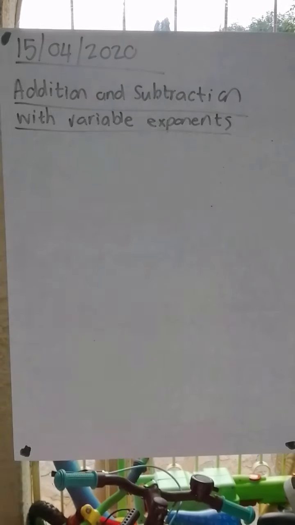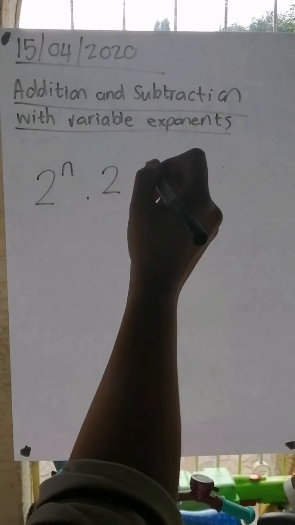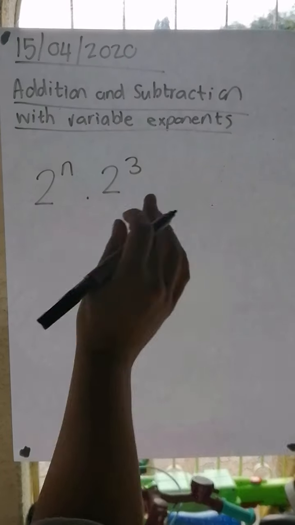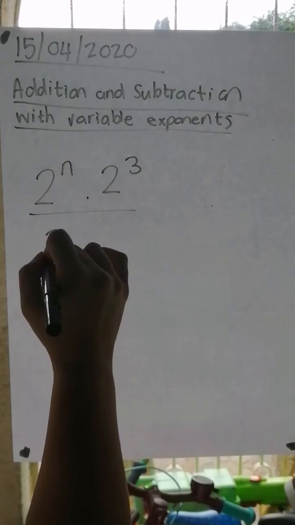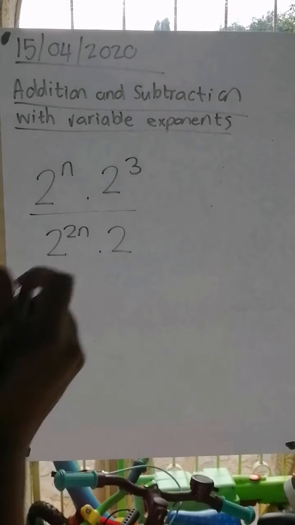Okay, the difference from yesterday: we did multiplication and division. So for example, if I had 2 to the power of n times 2 to the power of 3, over 2 to the power of 2n times 2, what do I have here?